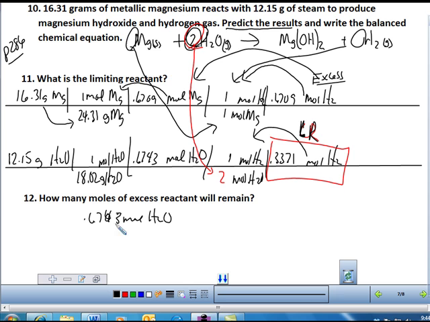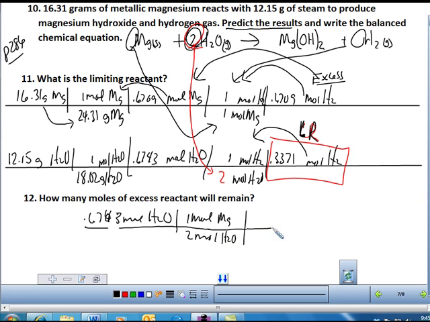moles of water, and we're going to convert that to moles of magnesium. So we're going to see how many moles of magnesium we're going to need to react with all of this. I'm sorry, this is water. It's sloppy. Sorry. This is water. 2 moles of water.